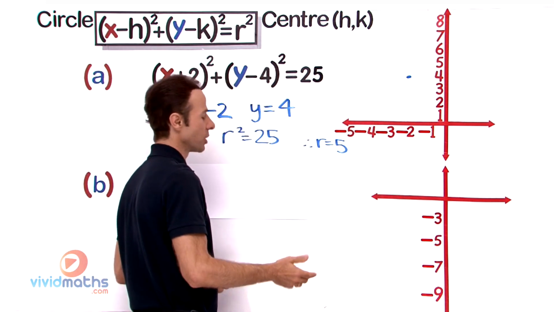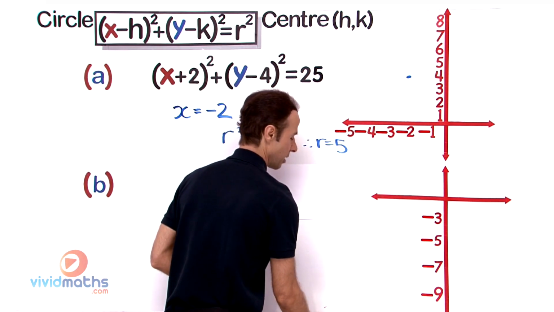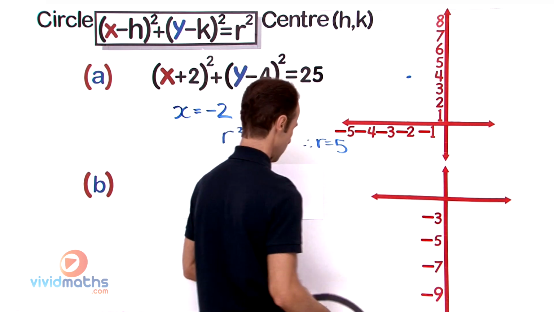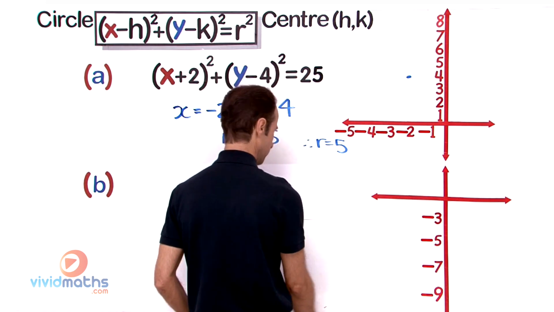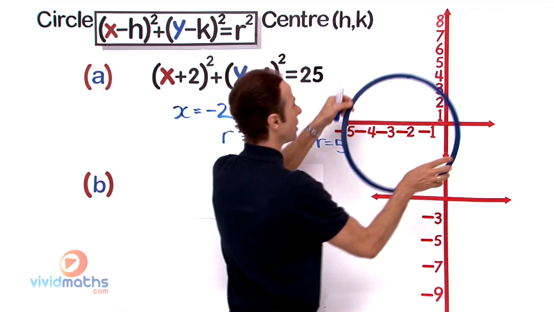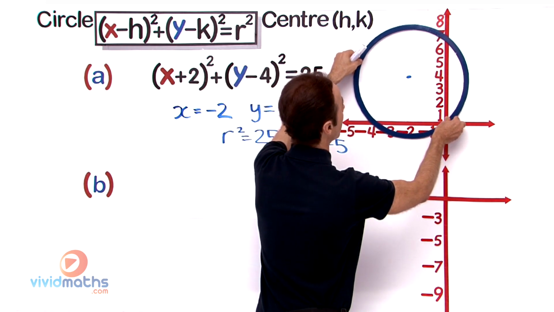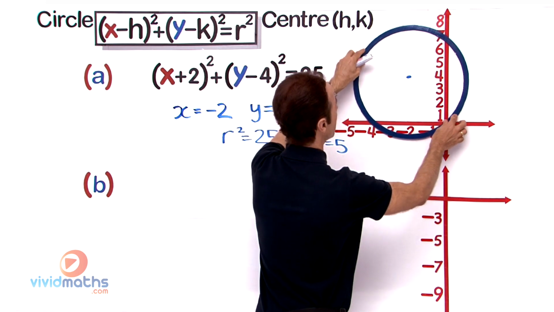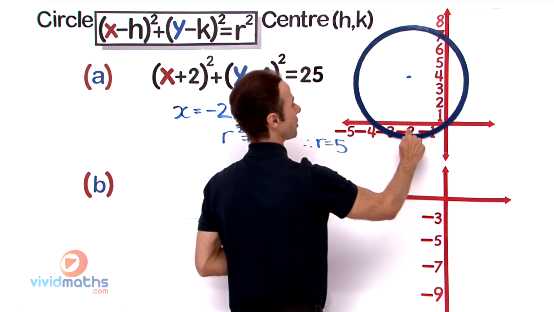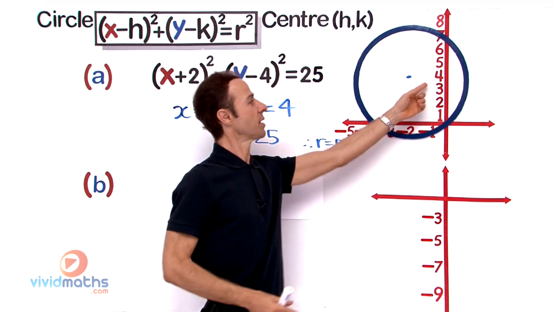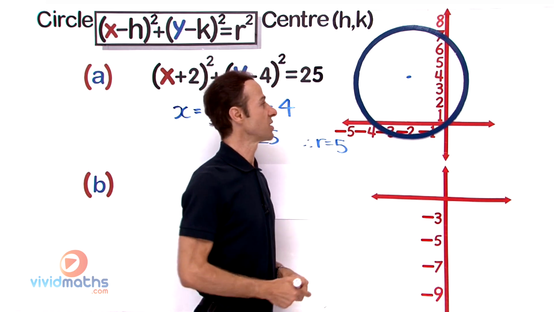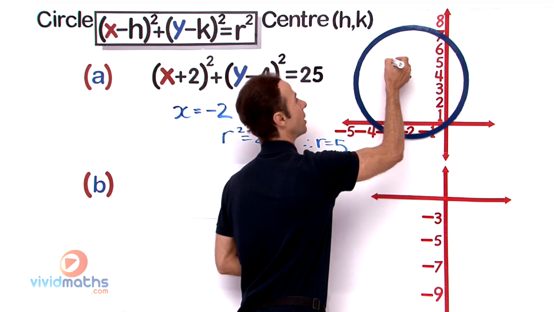So if we were to do a quick sketch on this, and let me just mark it out, it would probably be something like this. It would go through about there. So there's our 2. As you can see, there's our 4. So that's our center right there. Let me just mark it out.